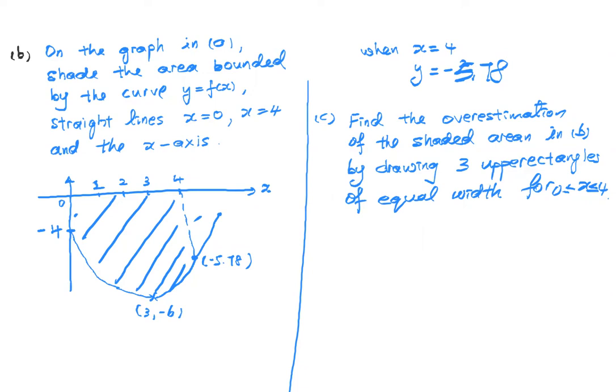Okay, so the width will be 4 minus 0 divided by 3. I purposely don't want to use 4 rectangles. I have a reason for it. Okay, so it is 4 over 3. All right. So the width is 4 over 3. That means it's more than 1.